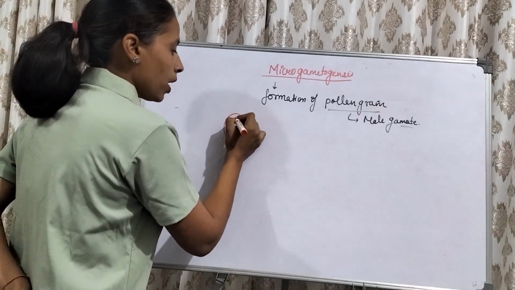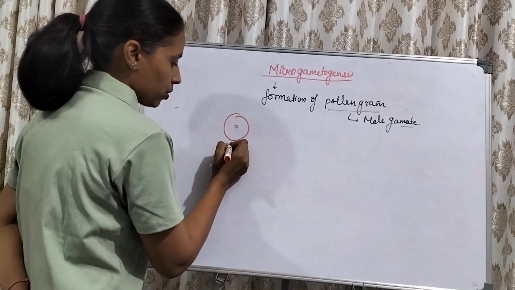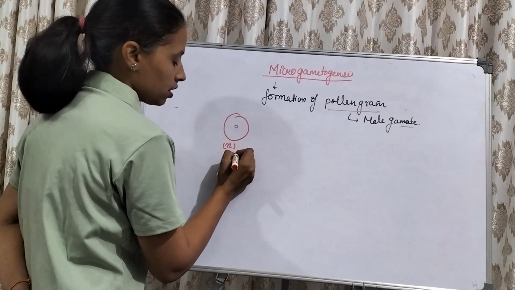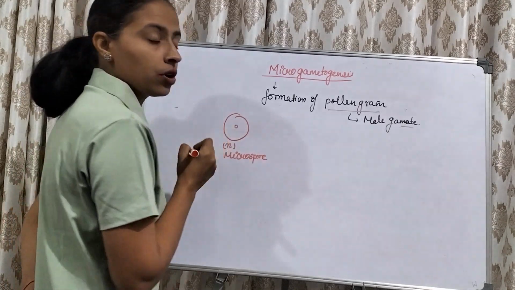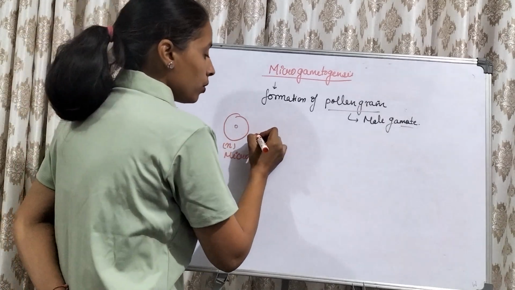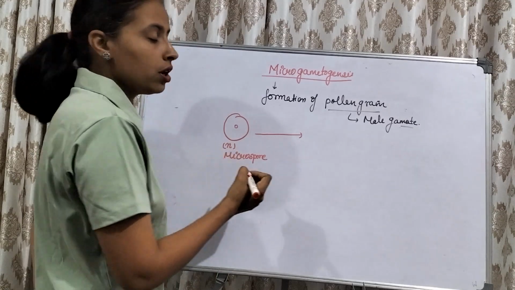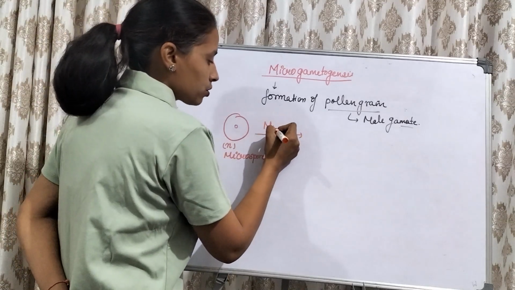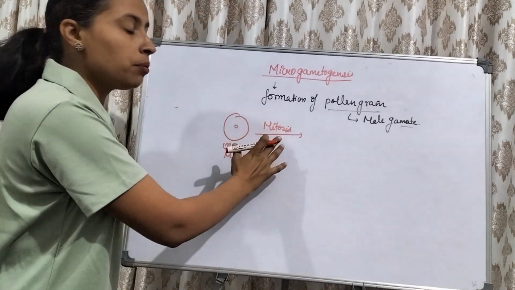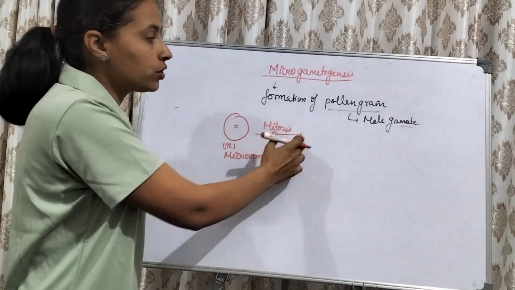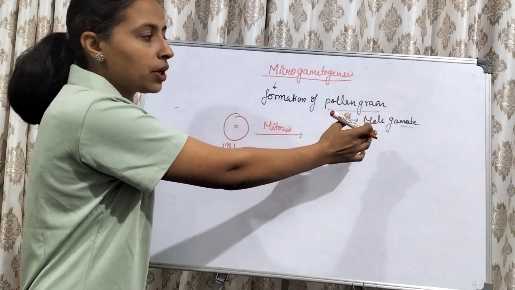We take one haploid microspore. Now the haploid microspore performs mitosis. Here the mitosis process occurs for the formation of the pollen grain or male gametophyte.